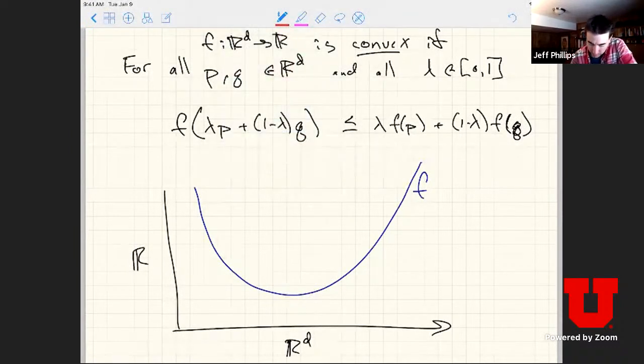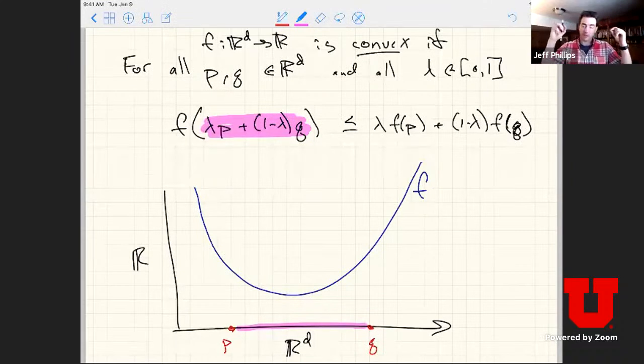I'm going to have two points, P and Q, picking any point. I'm interested in this region in between them, right? That's all the points on that line segment in d dimensions in between P and Q.